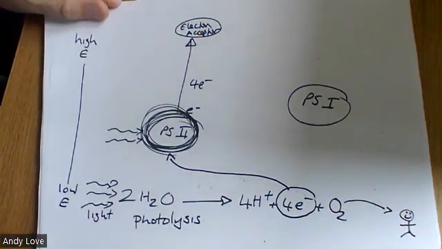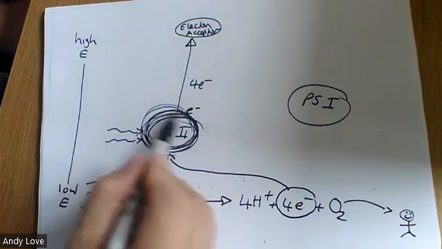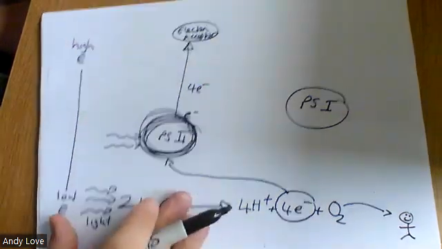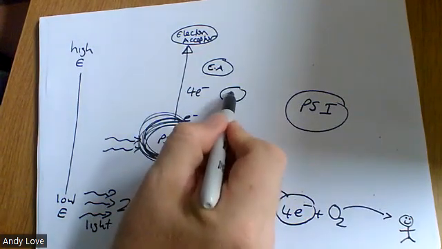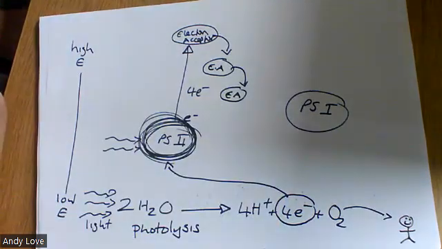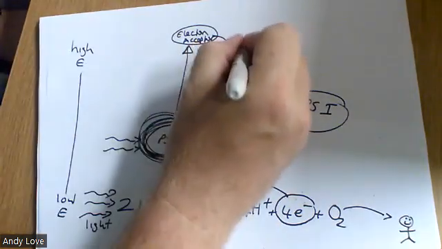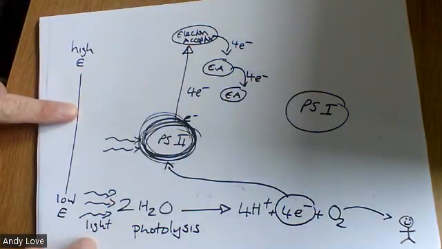Happy days. Now these electrons that have been excited and released then get passed down a series of electron acceptor proteins. And as they get passed down those electron acceptor proteins, you can see from the diagram that they're moving down our energy levels.